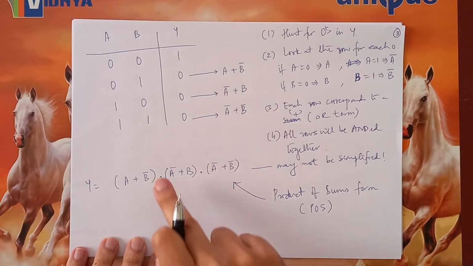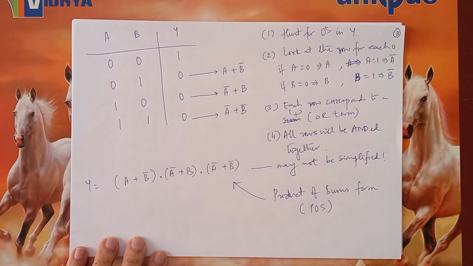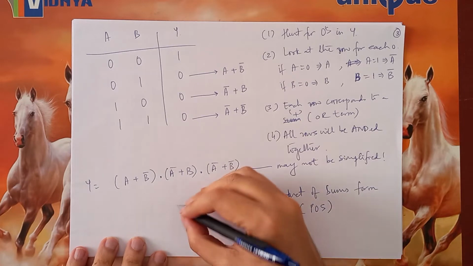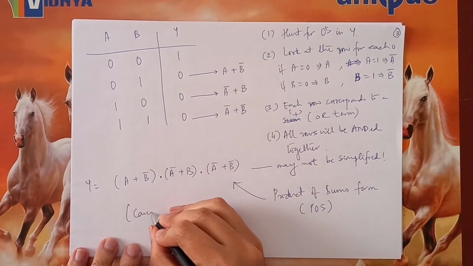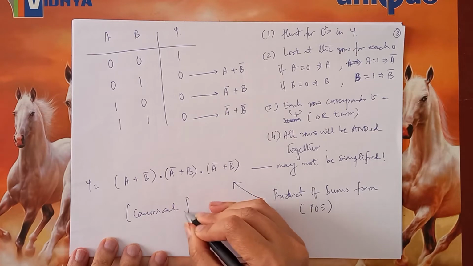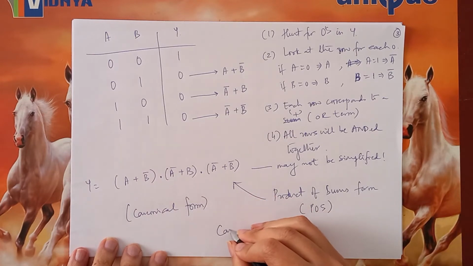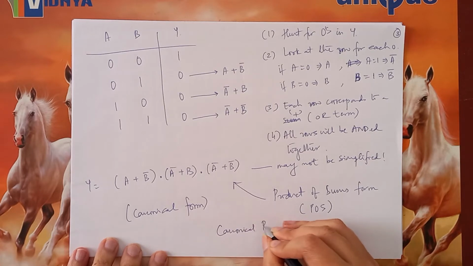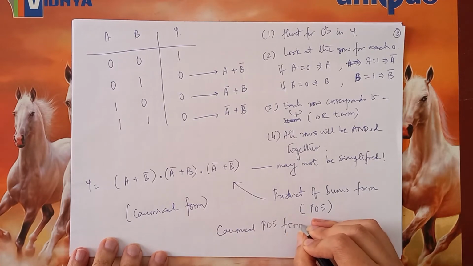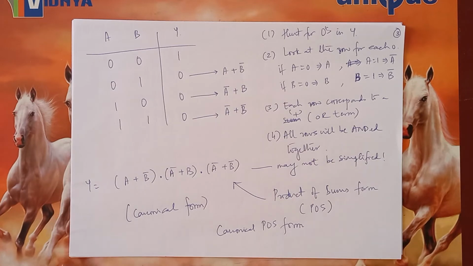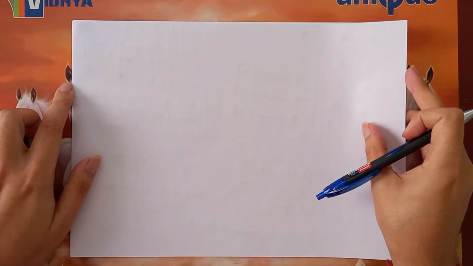Nowhere you will find the bracket containing only A or only B. So again, this is a canonical form. So therefore, combining both of these, this is a canonical POS form. So let us properly define what is canonical form.